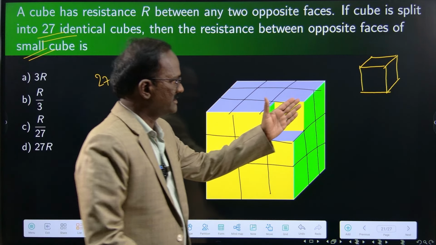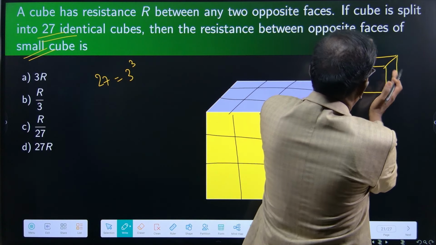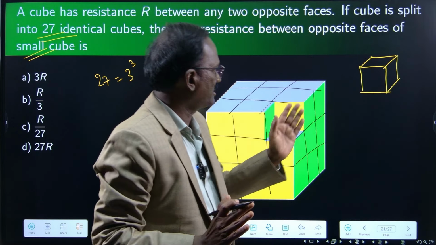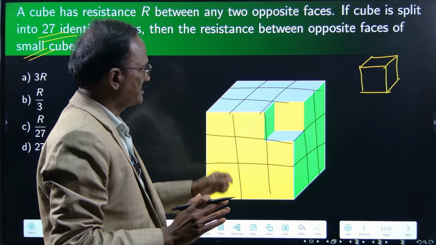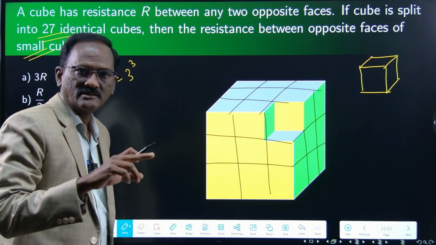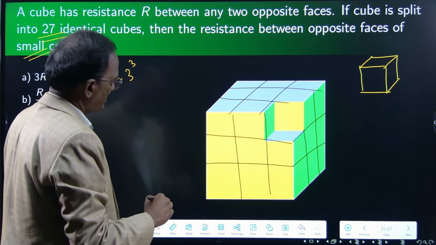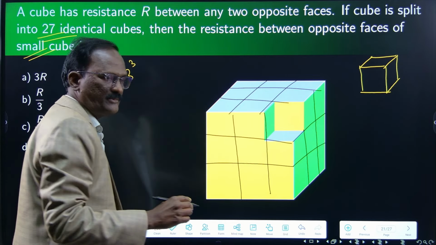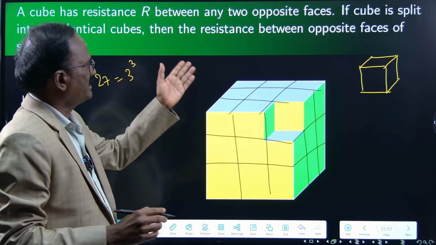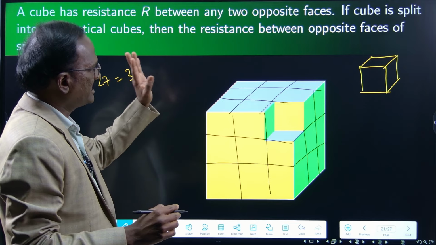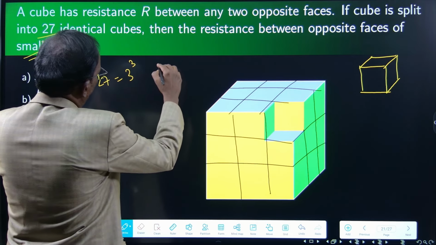What will be the resistance of the small cube? Any two faces you can consider, because all are having same dimensions. All the sides are equal in a cube, right? I assume this is a dimension related problem. No current data, no power data or voltage data is given, only dimension related problem.